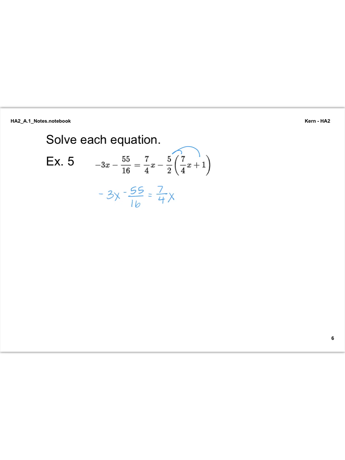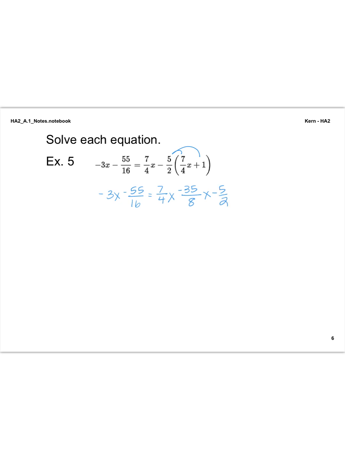And then when you multiply fractions, you multiply horizontally. So negative 5 times 7 is negative 35. And 2 times 4 is 8. So this is minus 35/8 x. And then that's going to be minus 5/2.